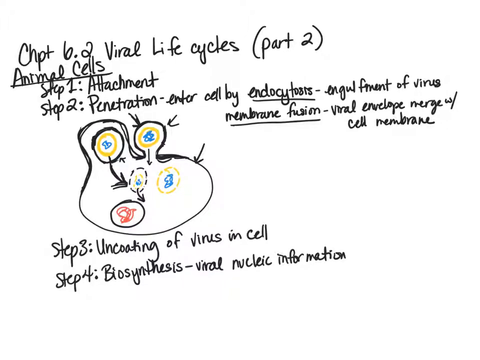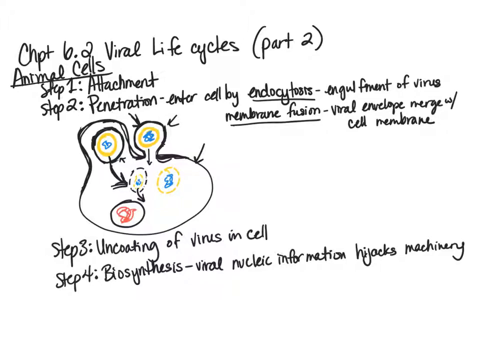Actually, instead of saying makes, we're going to say hijacks machinery. And we'll talk about the different ways that the different types of nuclear information do that. So some of them are going to enter the nucleus, and it's going to be replicated there. And then it's going to make all of its different parts through transcription and translation. But we're going to talk about those specifics in just a moment.